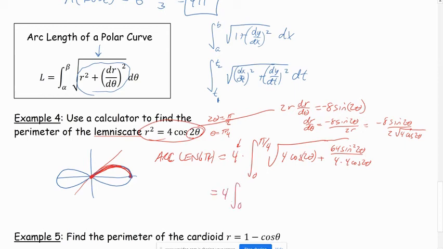So that ends up being the integral from 0 to pi over 4 of the square root of 4 cosine 2 theta plus, sorry, actually this would be 4, 64 divided by 16 is 4, sine squared 2 theta over cosine of 2 theta, d theta. Okay, so you can now use a calculator to evaluate that integral.